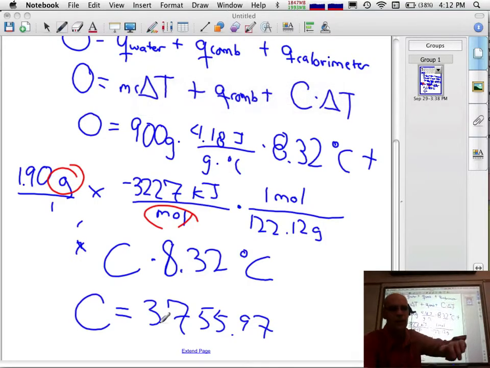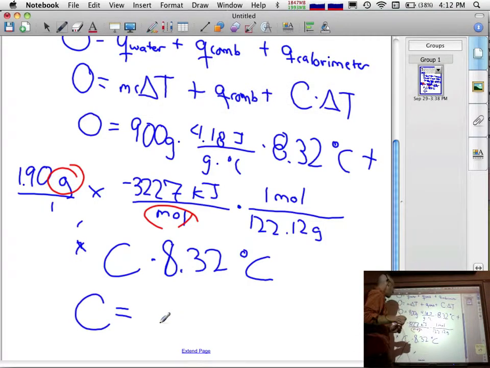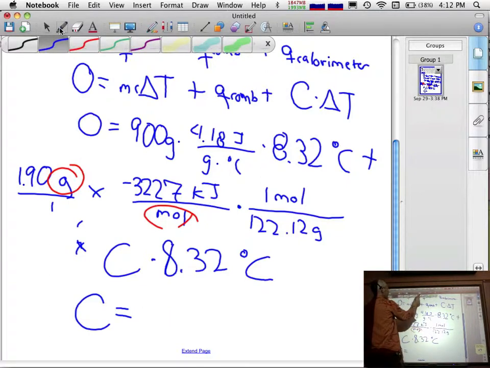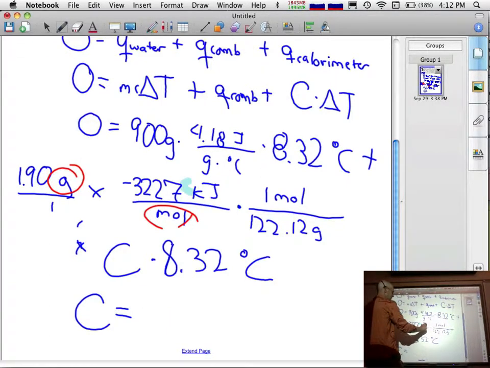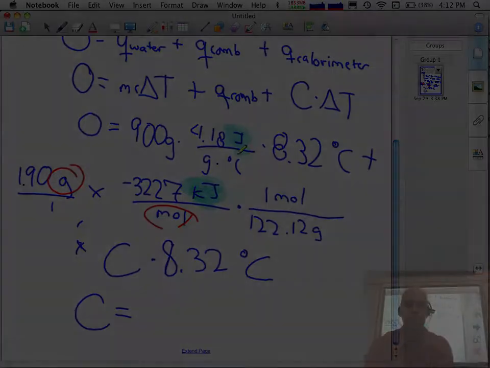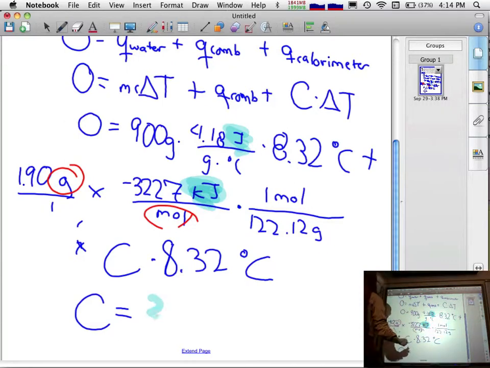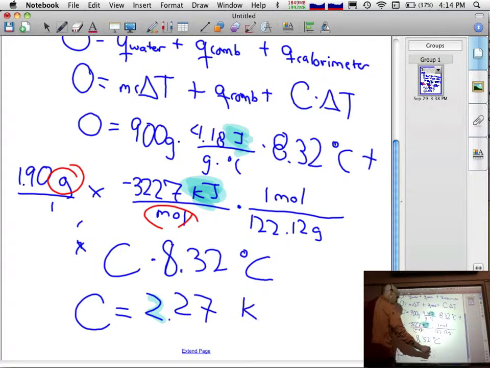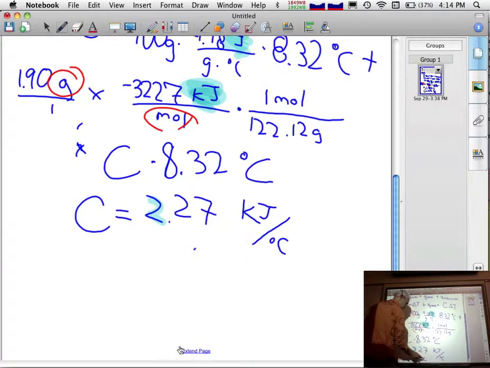Oh, make sure that when you are doing the conversion, you pay attention to that thing I mentioned previously in class and on another one of these, joules and kilojoules. I actually just did the calculations the first time and I screwed it up because I didn't do the conversion. I'm going to try it again. So I get C is equal to 2.27 kilojoules per degree Celsius.